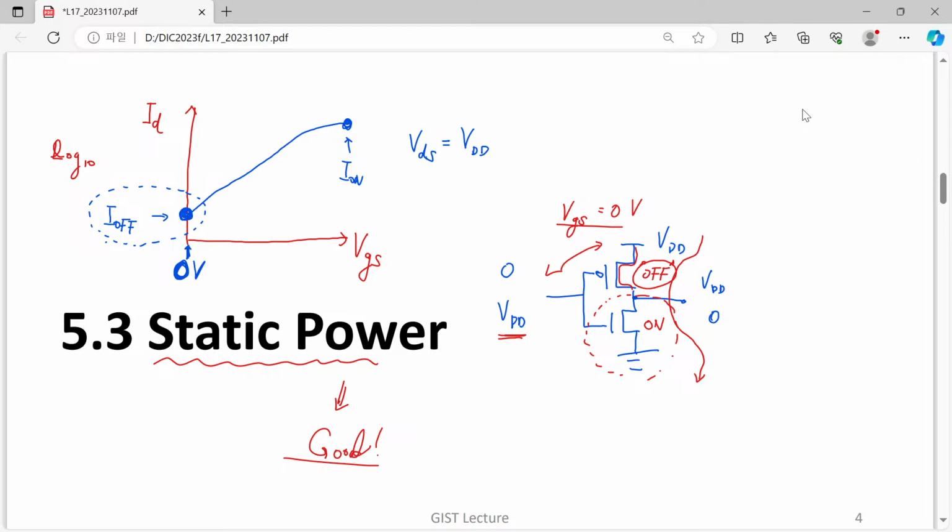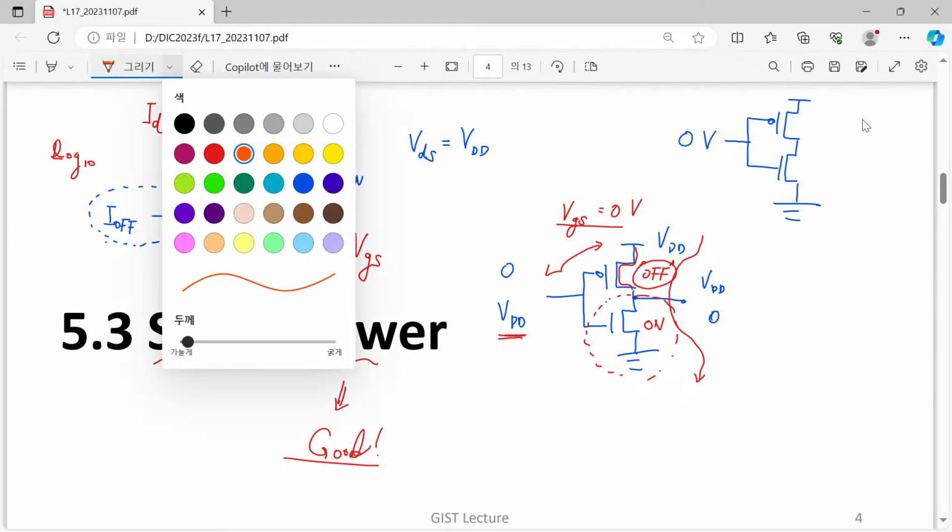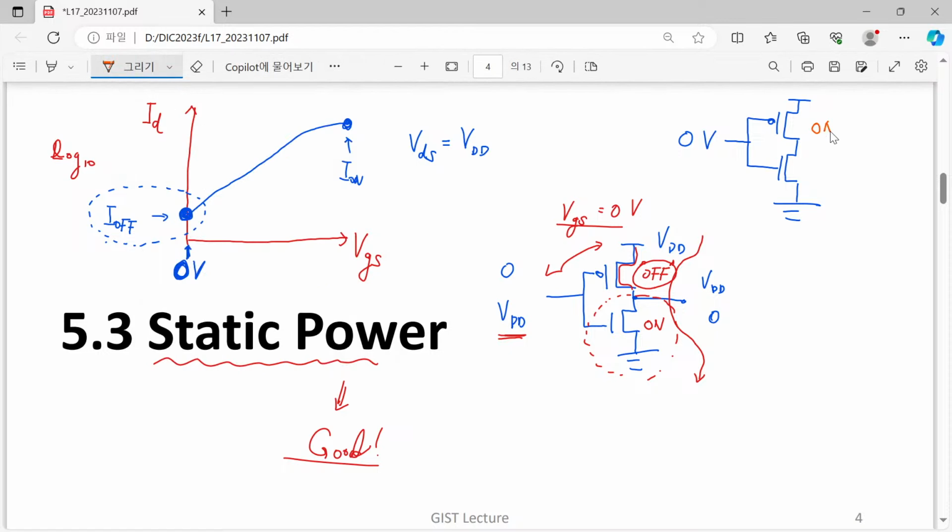So let me just come back to our inverter case once again. Let's think about this particular situation. We have applied 0 volt to the common gate. Then now we can understand this P MOSFET is completely on, and N MOSFET is completely off.